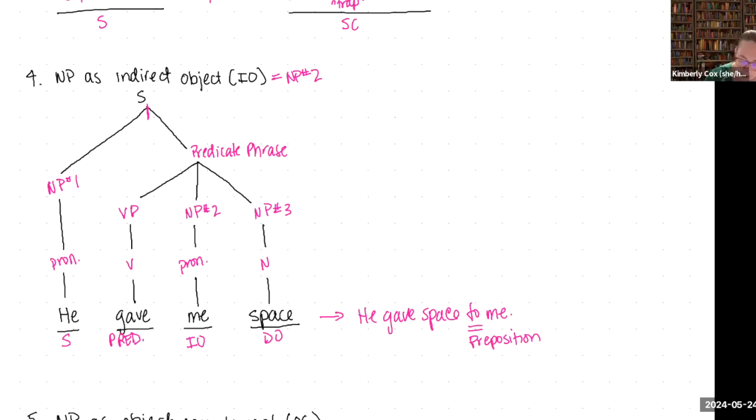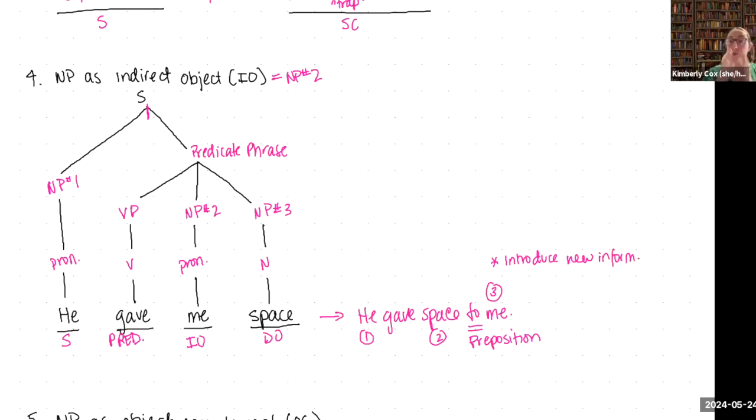Another way to think about it is that we have one bit of information here with "he." We have a second bit of information with "space," and we have a third bit with "me." So each of these introduces new information.